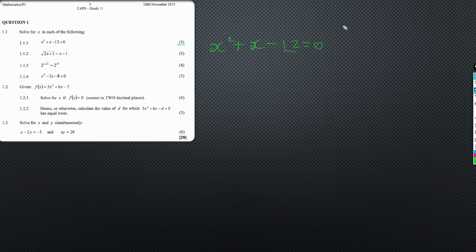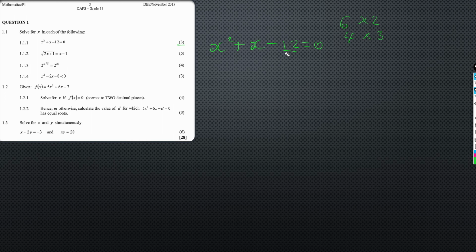The factors of 12 will be 6 times 2 and then 4 times 3. So with this, it means that this one cannot actually give us 1 when we subtract them, but this one will do.